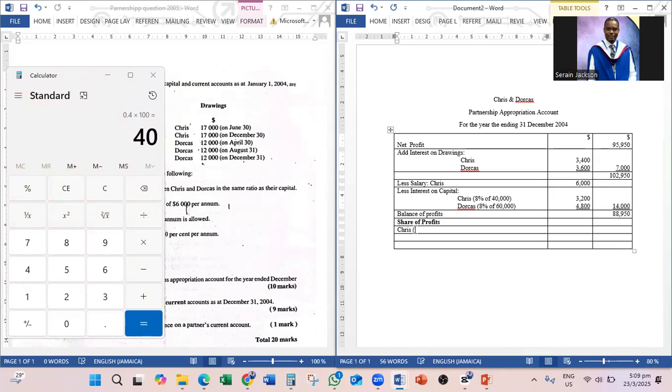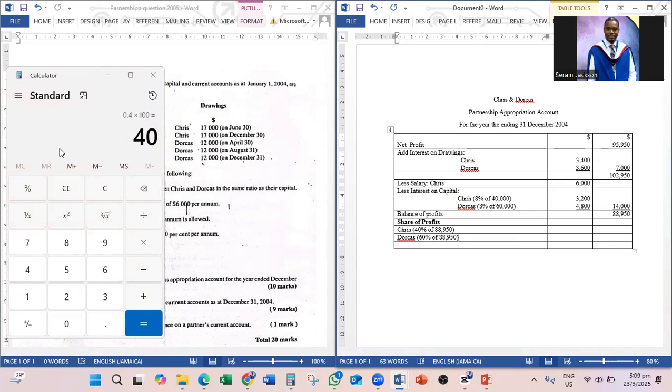60%. So Chris is to get 40% of the amount that is to be shared, which is $88,950, and Dorcas is to get 60% of $88,950. We just need to calculate that, and basically we are finished.